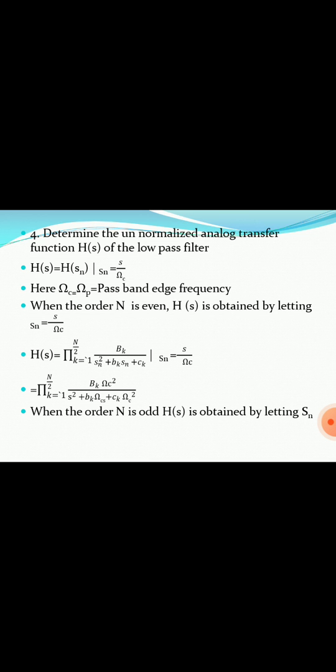If the order N is even, we can obtain H of S by substituting s n by S by Omega c. If the order of the filter is odd, we have to calculate H of S by substituting s n accordingly.